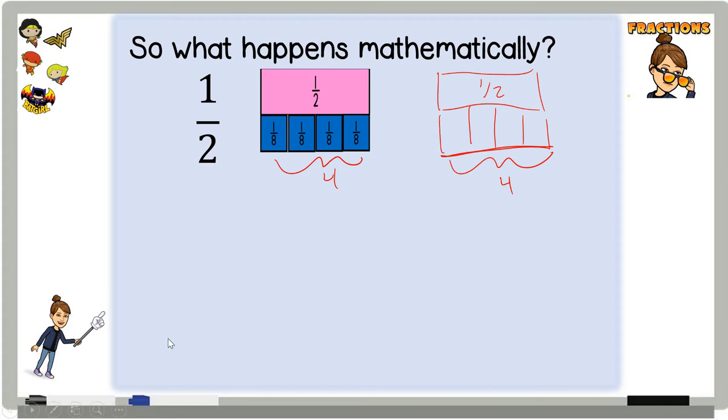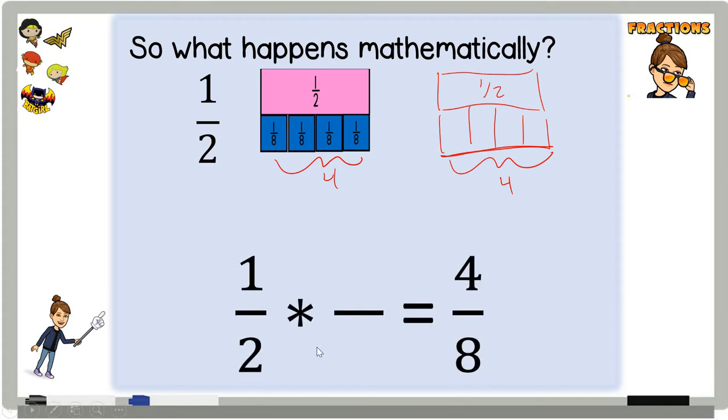All right, so I took that 1/2 and I took the half, so I took the 2 and I multiplied it, or I cut it into 4 pieces. So when I did that, this 1 also got cut into 4 pieces. So when I had 1/2, I had 4 out of 8. Okay, because what I do to one, I have to do to the other.